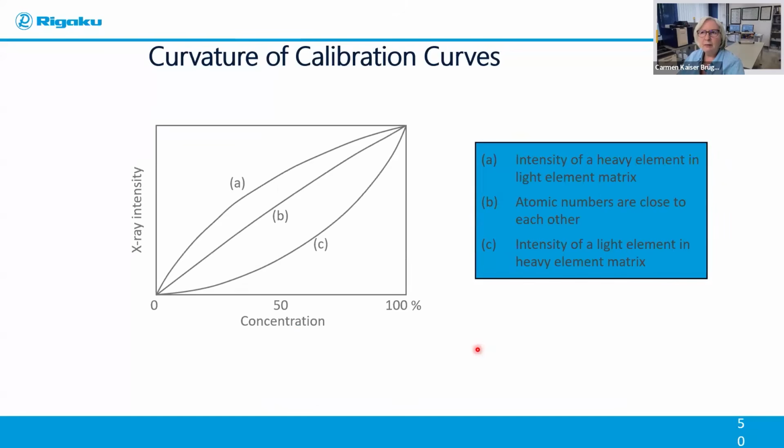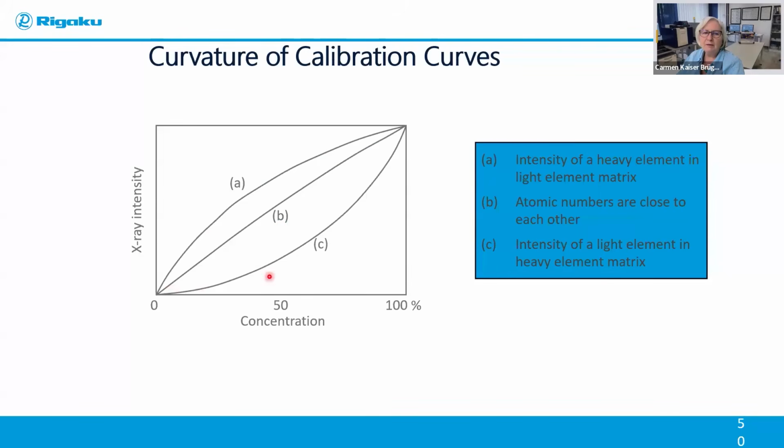So the calibration curves that we can have in mining applications normally have to be corrected. And here you can see different calibrations where we have the A calibration, where the intensity of the heavy element in the light matrix will be shown. Here we have curve B, where the atomic numbers are very, very close to one another.